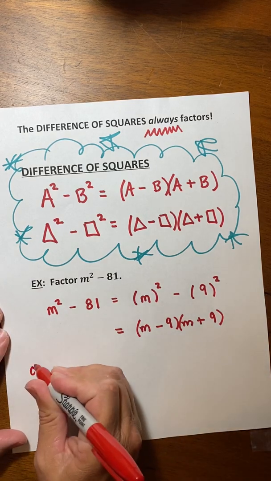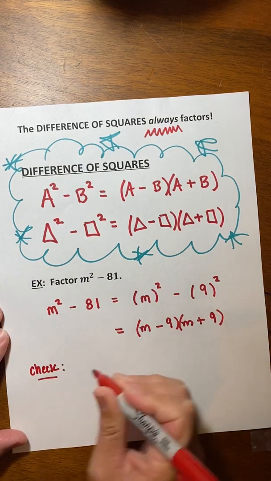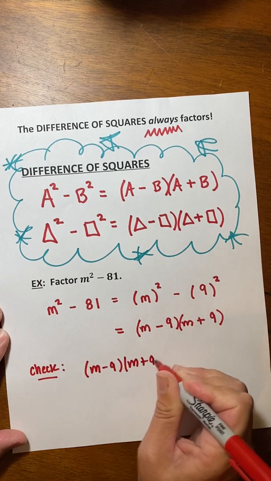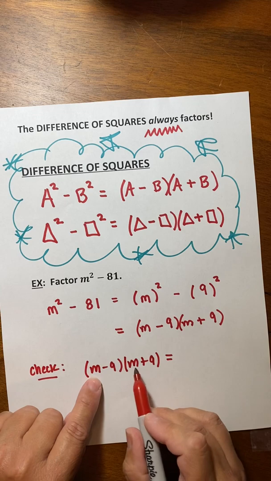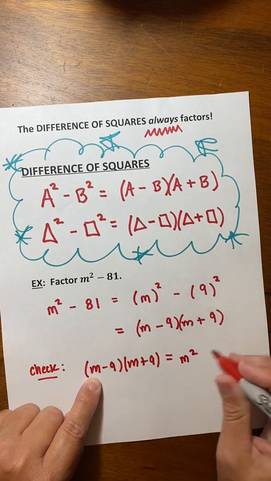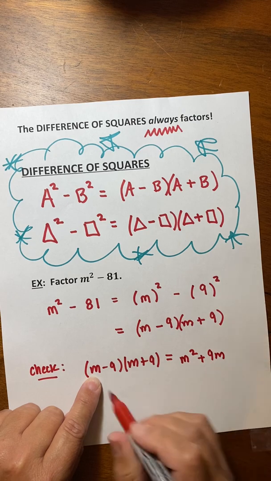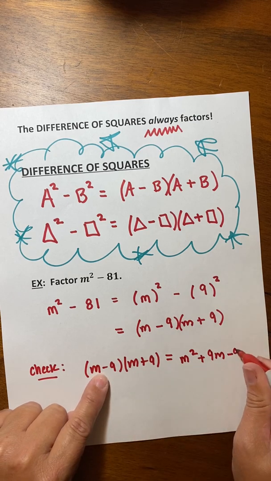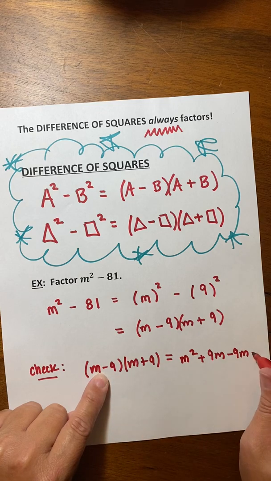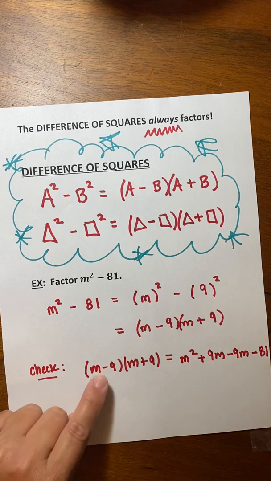Right, so let's check. m minus 9 times m plus 9 is m times m, m squared, the outers, plus 9m. Now notice because of the sign change in the middle, the inners are going to give me minus 9m, and then minus 9 times plus 9 is minus 81.